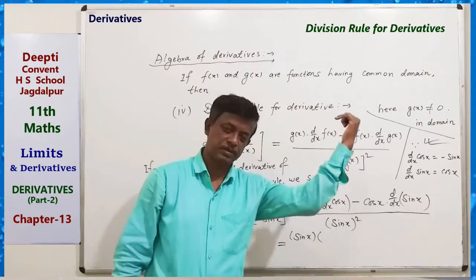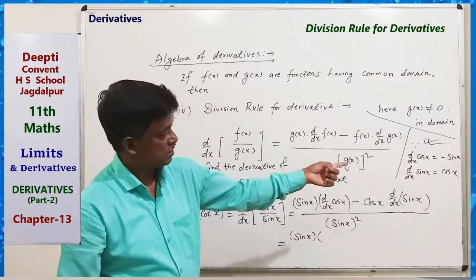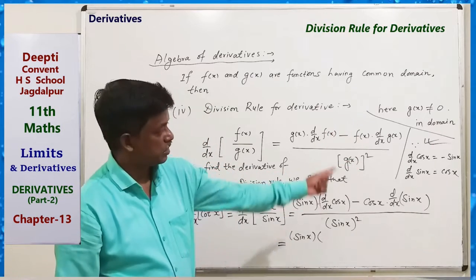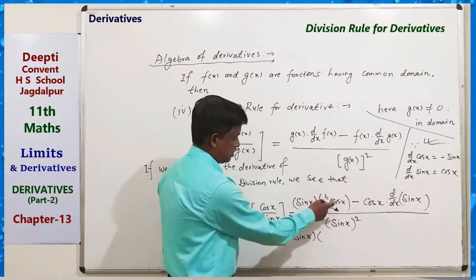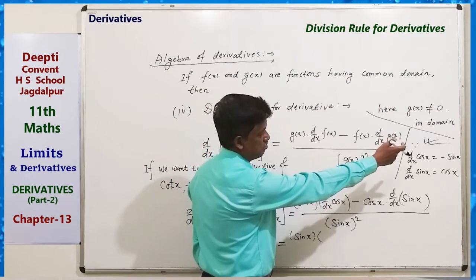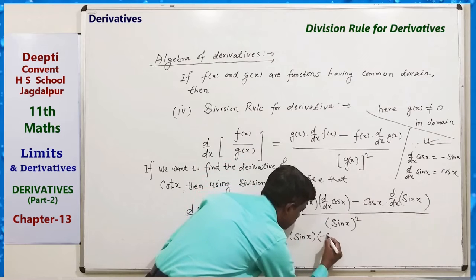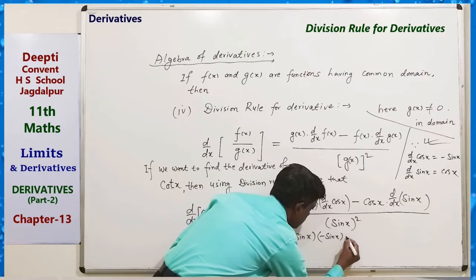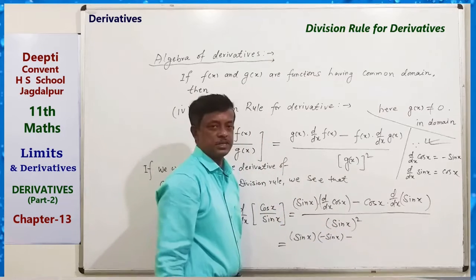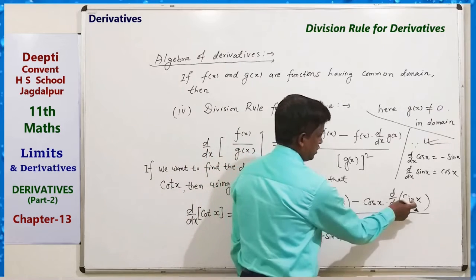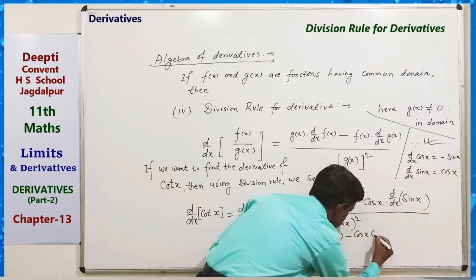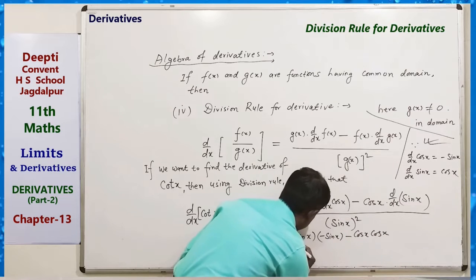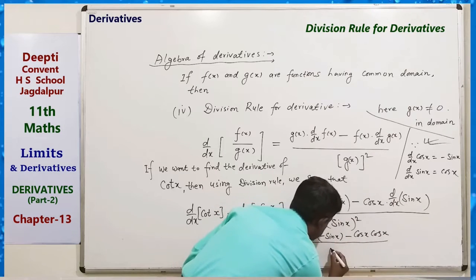By the first principle method we have proved the derivative of sin x is cos x, so we can use these two. Here sin x into minus sin x, minus cos x into derivative of sin x, which is cos x, all upon sin square x.